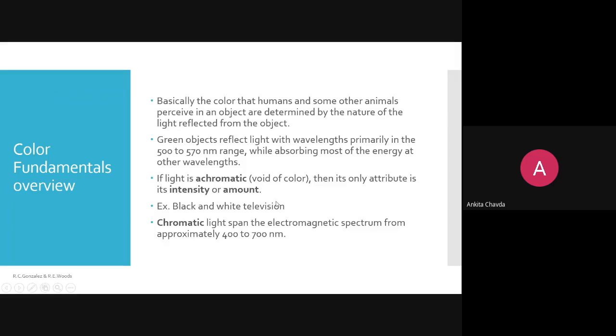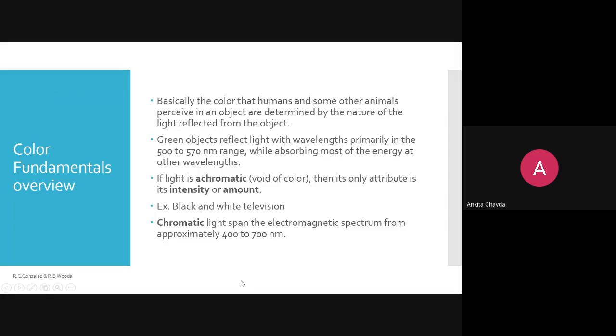That is what we have seen in our 5 units, like the black and white television. That is the example. It is only having the color either 0 or 1. Or if it is further enhanced, you can say it would have a few gray shades, but it is not having any color, right?